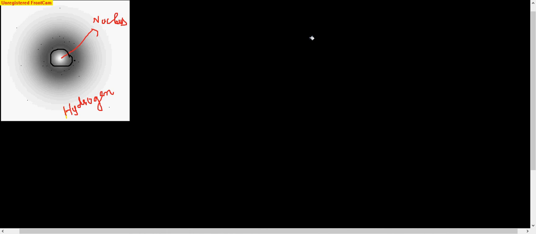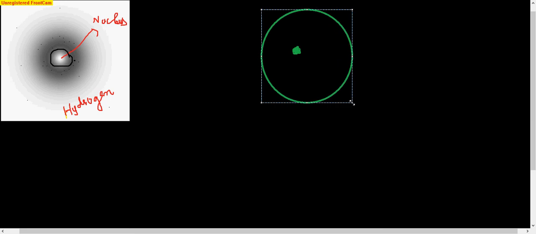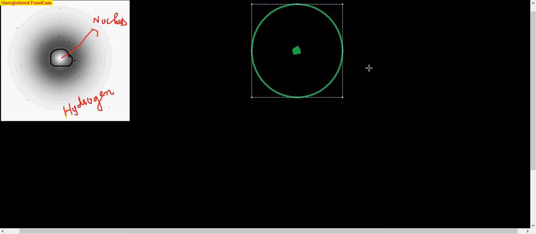Okay, now the size of an electron, or let's consider, let this be the nucleus of an atom, and when we draw figures we draw the orbit over here, right?